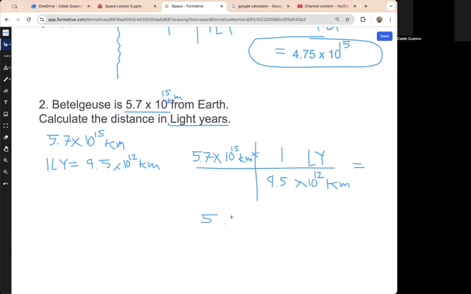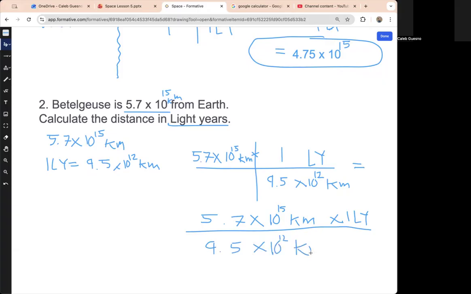Here we go. 5.7 times 10 to the 15 kilometers times 1 light year over, which we don't need to do, but over 9.5 times 10 to the 12 kilometers.